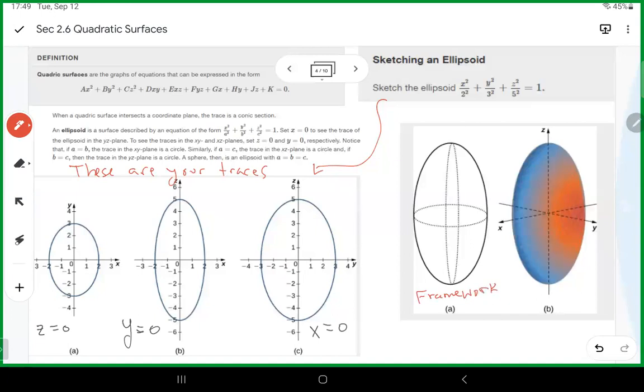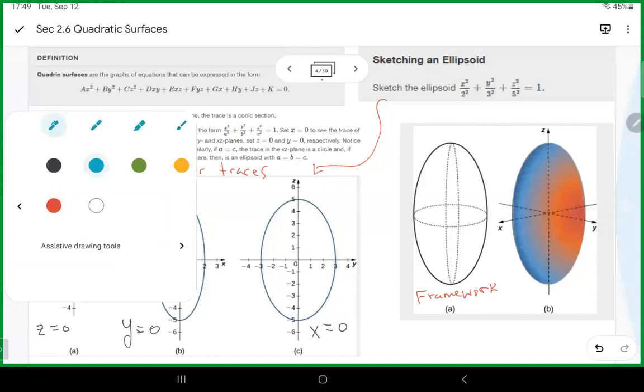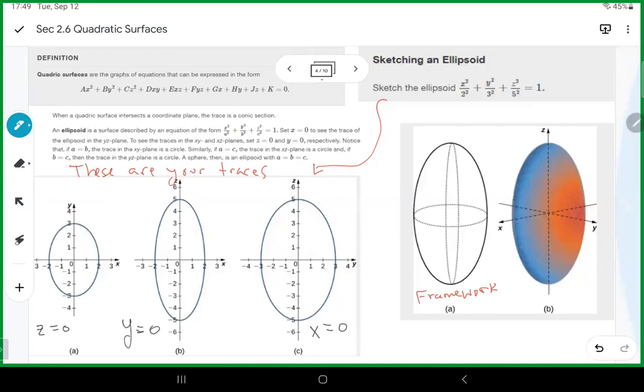And then the final overarching answer, if you wanted to say, would be this ellipsoid centered at the origin.